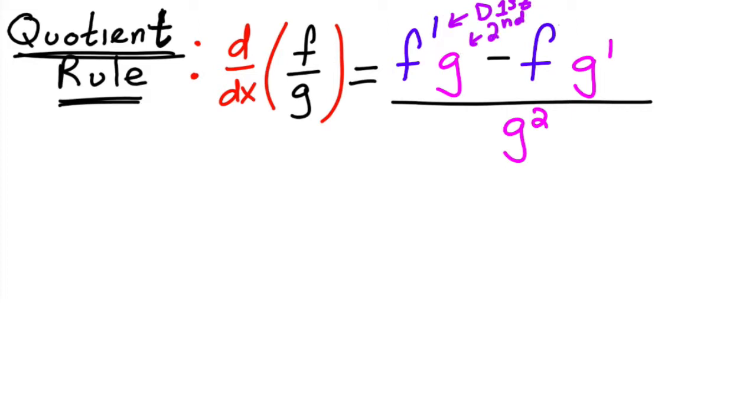And then we have minus the first, leaving it alone, times the derivative of the second. And all over the second squared.